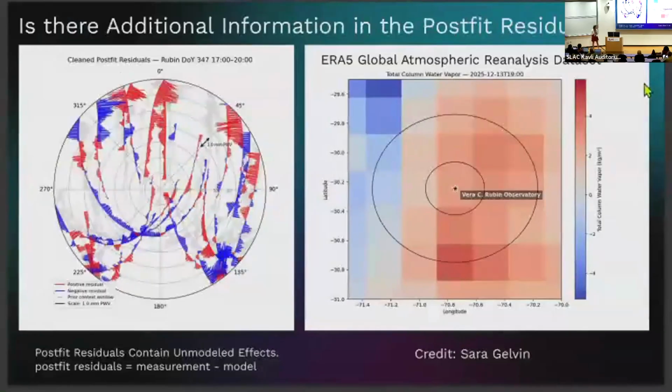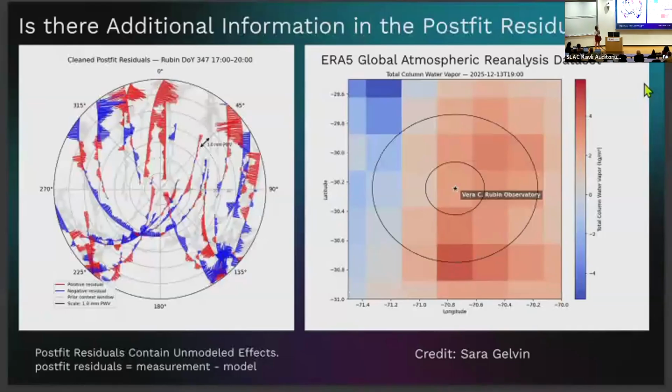And so finally, it is possible to measure additional delay beyond the isotropic component and our first order asymmetry. And we do this with post-fit residuals. So the post-fit residual is just the measurement of our range to the satellite minus the model. And so this residual includes systematic error and noise, but it also includes local variations in water vapor.